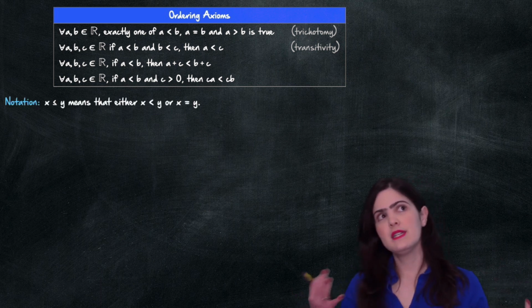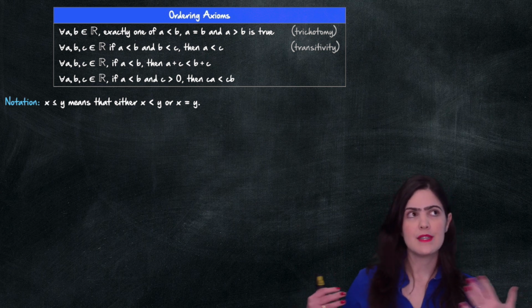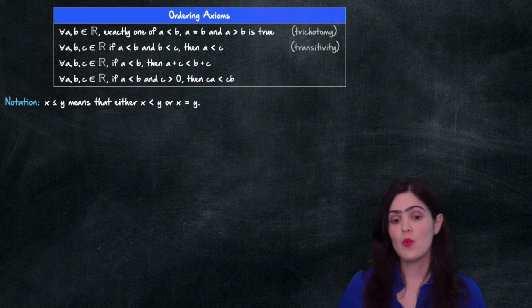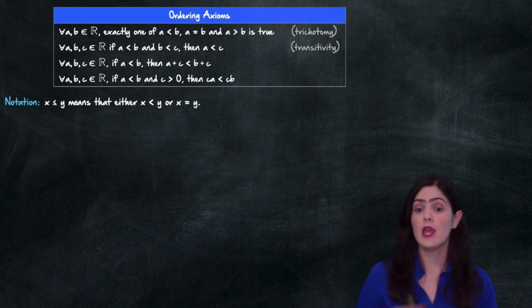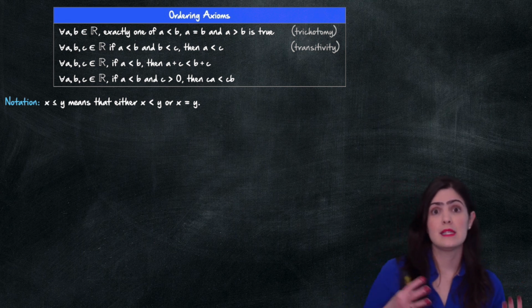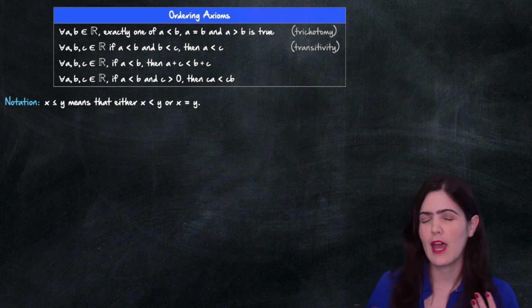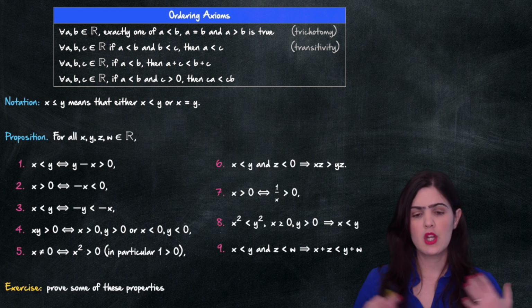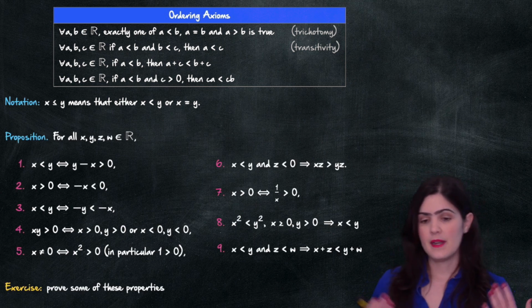For example, we have the idea of less than or equal to. How does it fit into this picture? Well, x less than or equal to y means that either x is less than y or x is equal to y, but you cannot have both of them at the same time. And we have some very important consequences that I'm going to write here.